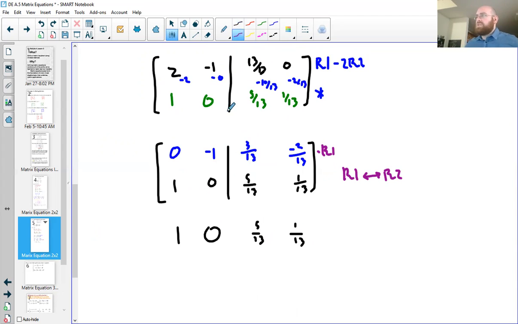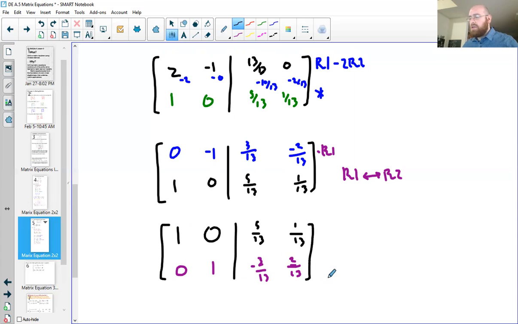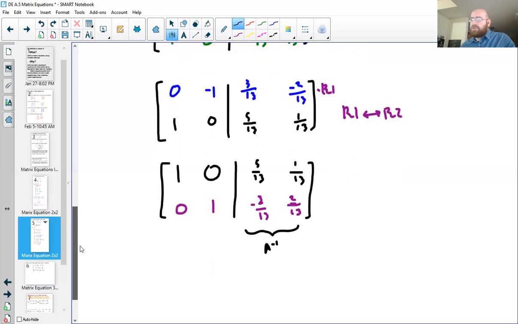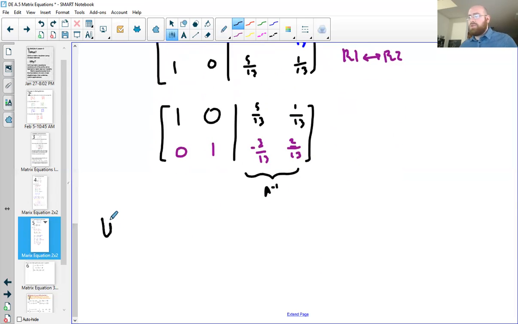And then I'll do the second one in purple since we're multiplying it by -1. We have 0, positive 1, then -3 over 13, and positive 2 over 13. And so now that we have reduced the left-hand matrix A to the identity, the matrix on the right is the inverse.